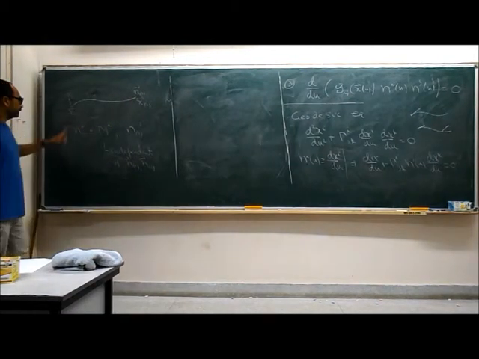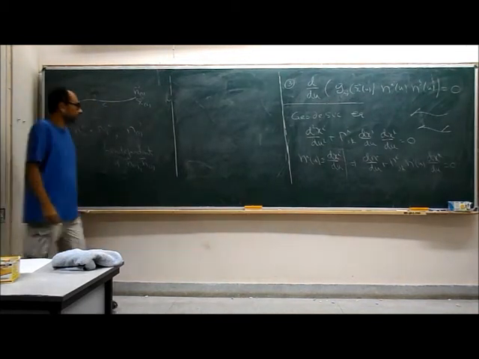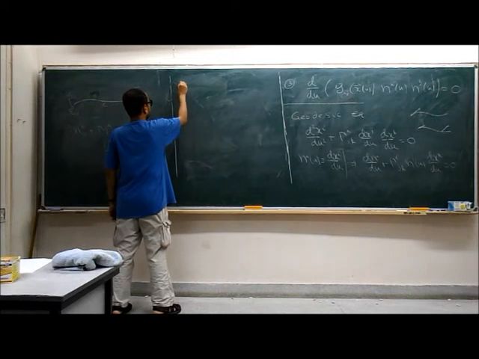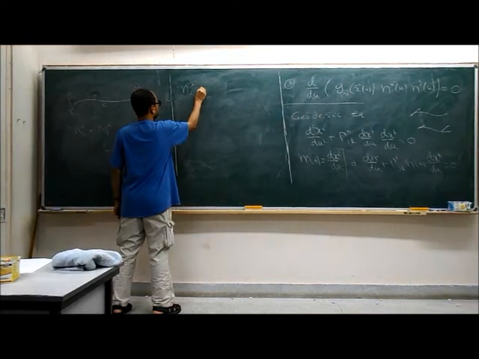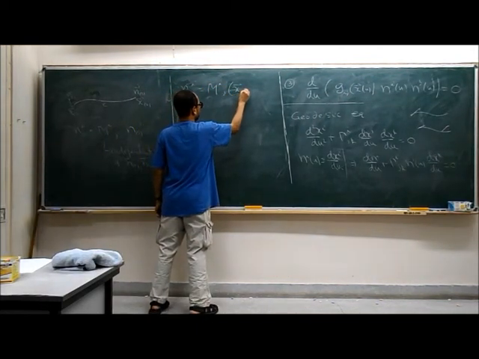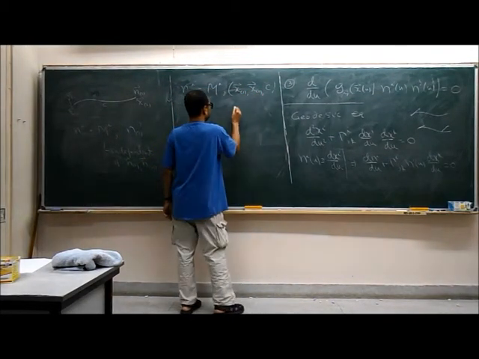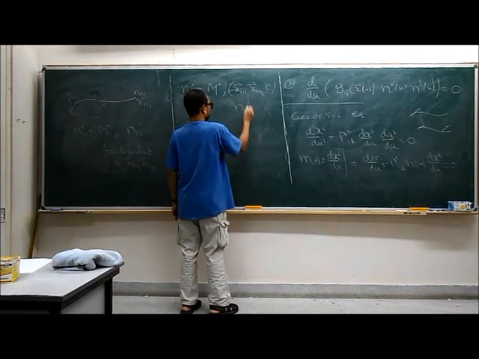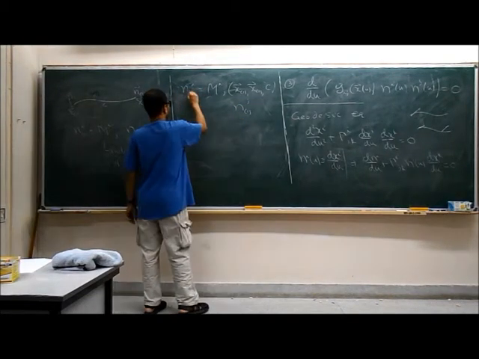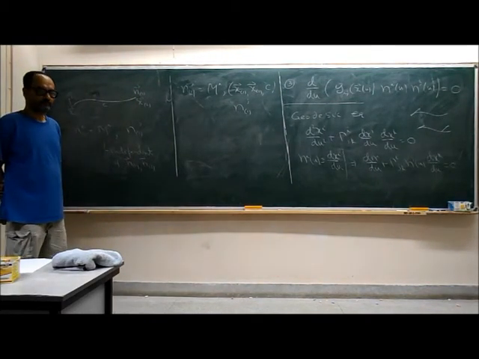It depends on which path it is taking, C. So let's say that we write n2^i as M^i_j, which will depend on the initial and the final point, x2, x1, and the curve C, times n1^j.